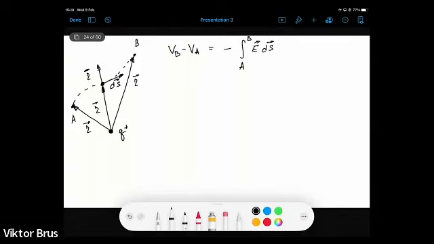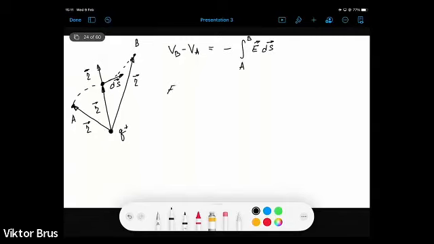At the same time, we also know how the electric field created by a point charge can be expressed.